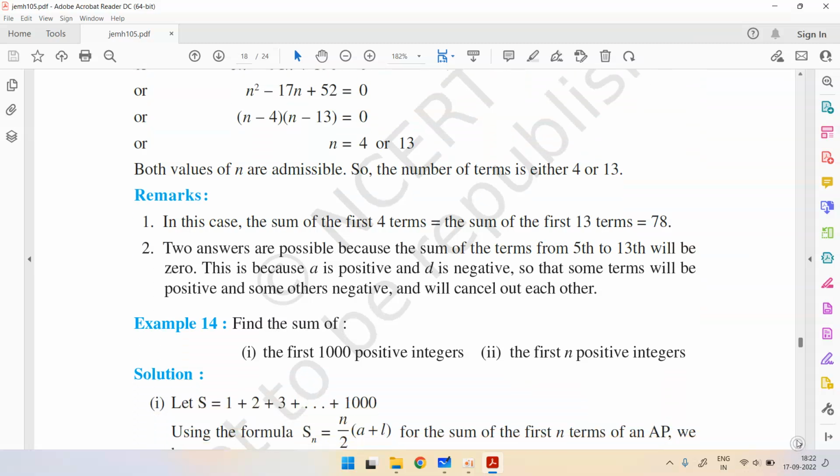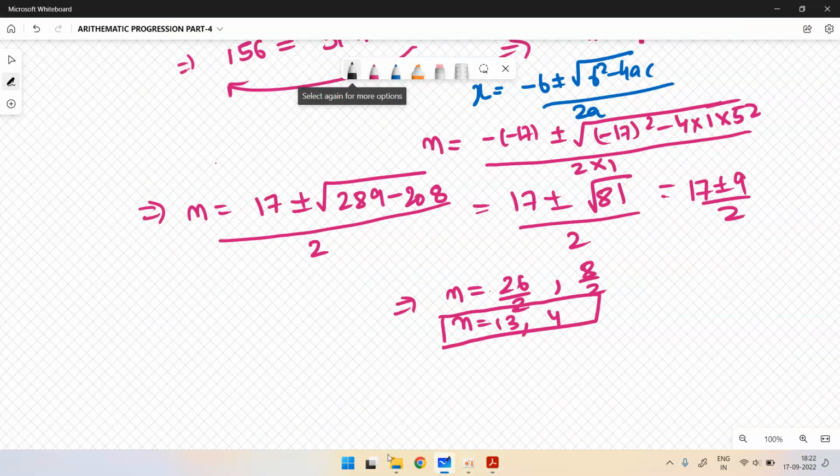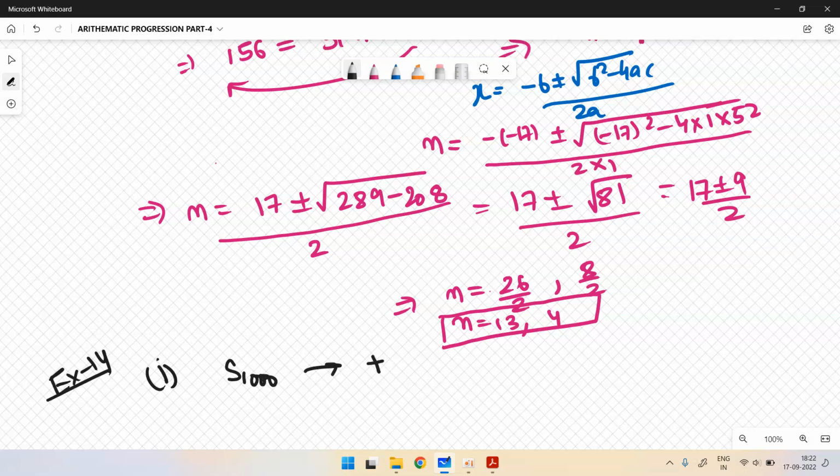Now example number 14: find the sum of first 1000 positive integers, and find the sum of first n positive integers. The first part is that you need to find the sum up till 1000 for positive integers.